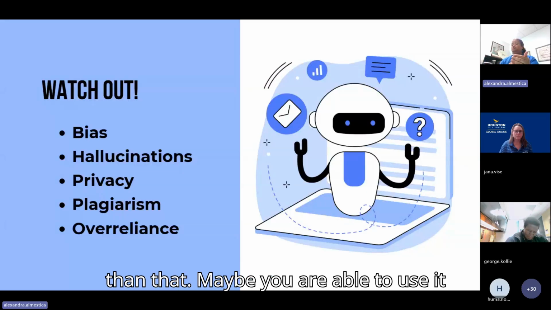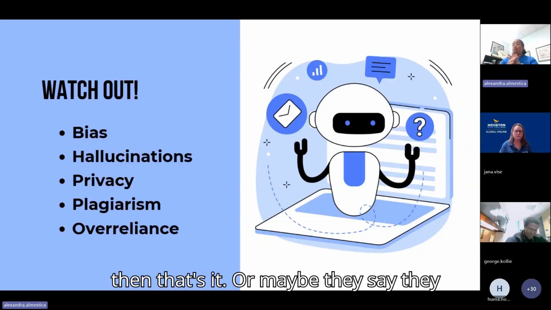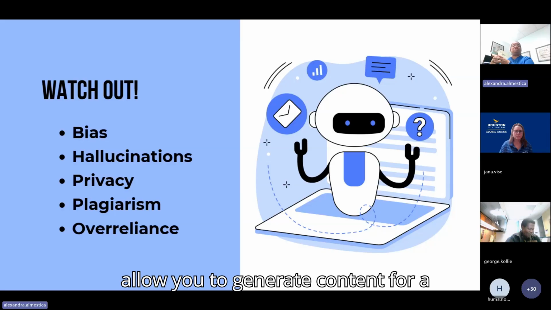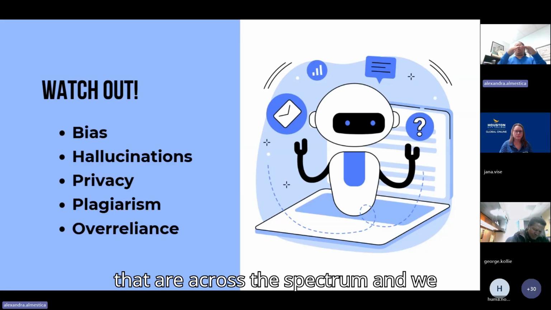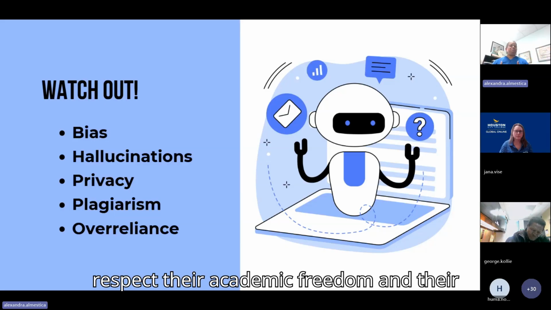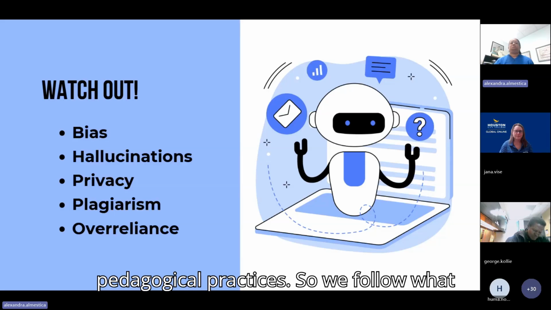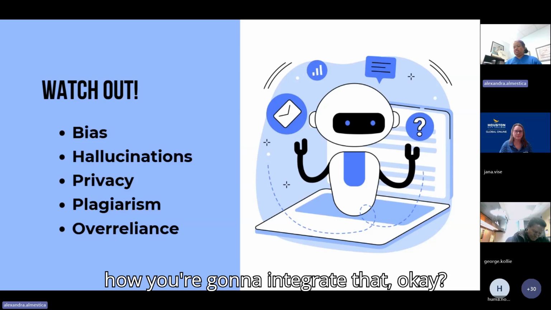Maybe you are able to use it for brainstorming ideas, and then that's it. Or maybe they even allow you to generate content for a course. I work with professors across the spectrum, and we respect their academic freedom and their pedagogical practices. So we follow what our professors say in terms of how you're going to integrate that.